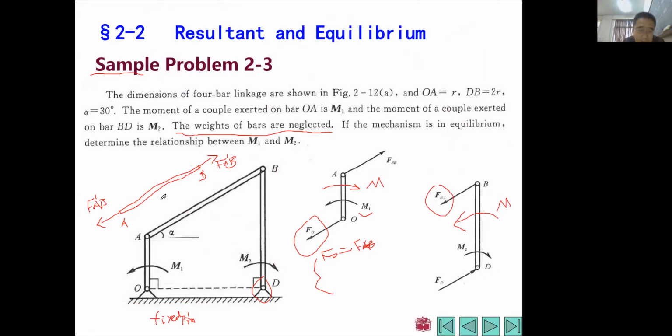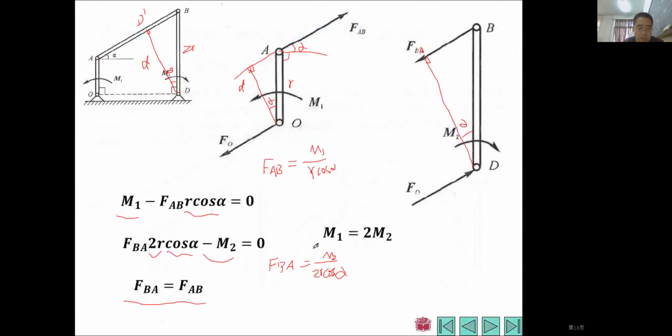Because this rod AB is a double balanced rod, FAB prime will have the same magnitude, opposite direction, and be collinear always, right? So that's why this FAB equals this FBA. Considering all the conditions, we can find that m1 should be 2 times m second.